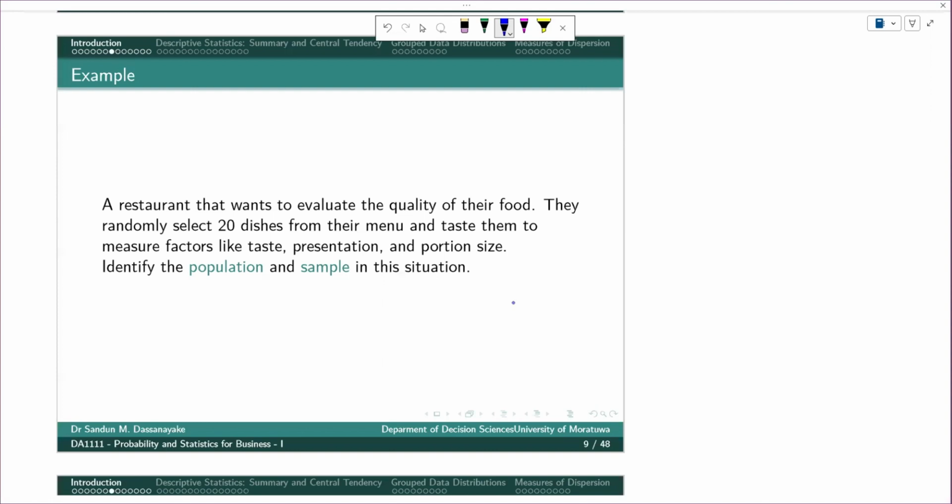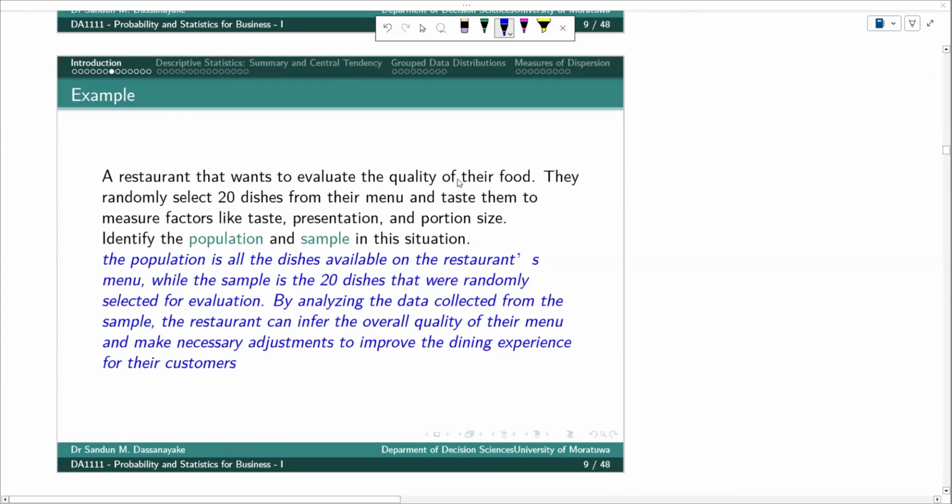Population, menu, sample, 20 dishes. Population, menu, okay, sample 20, right, good. Population is the menu, sample is the 20 dishes. Right, great. I think we might have done this exercise previously as well. The population is all dishes available in the restaurant's menu, while the sample is the 20 dishes that were randomly selected for evaluation.